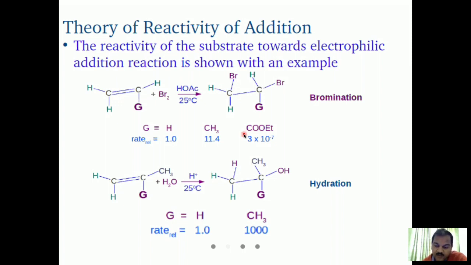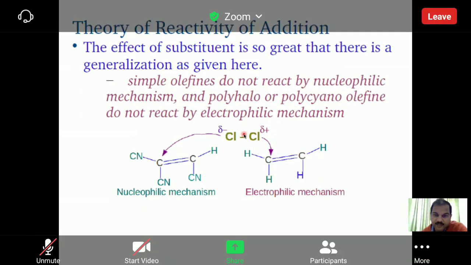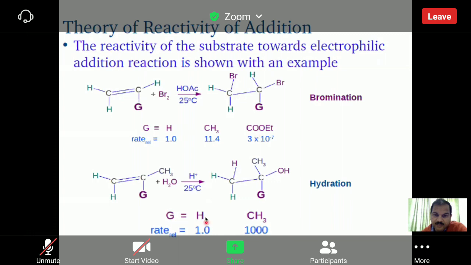As you have seen, if an electron withdrawing group is there, the nucleophilic reaction will increase, not electrophilic, but it will be very slow. In the hydration reaction, if G is hydrogen, the rate is 1,000 times more. It means this will be an electron donating group, so the electrophilic reaction will be favored.